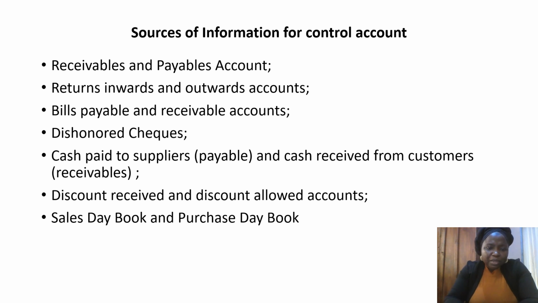Then there's bills payable as well as bills receivable. We have the dishonored check issued to a customer but not honored by the bank. Information from there equally goes to control account. Then we have cash paid to supplier. That's payable. When we purchase goods on credit, of course we are expected to pay at an agreed or later date. So anytime we make such payments to the supplier, it is expected to reduce our indebtedness to that supplier.